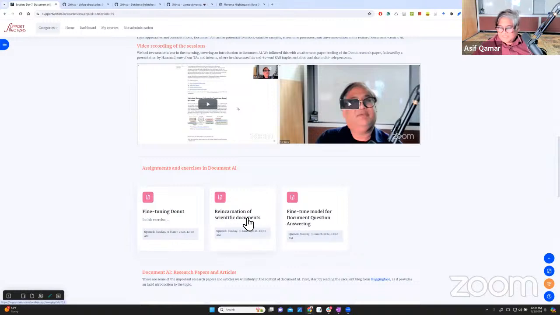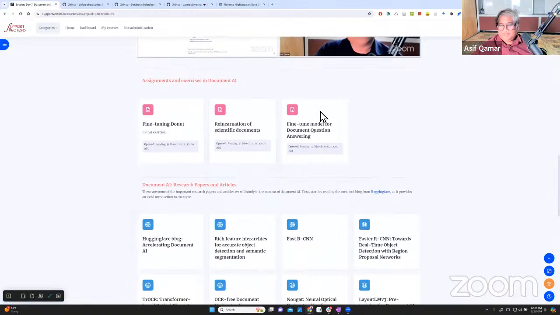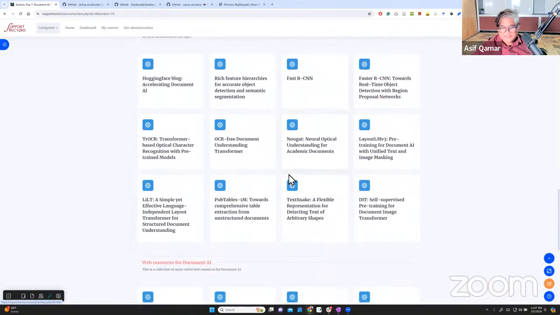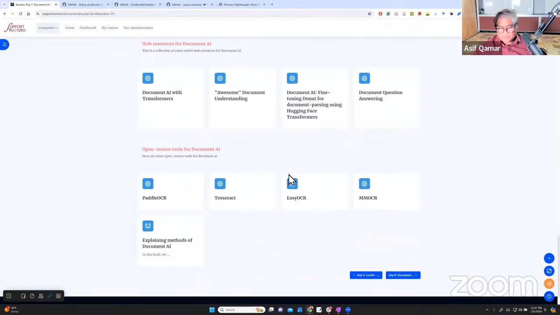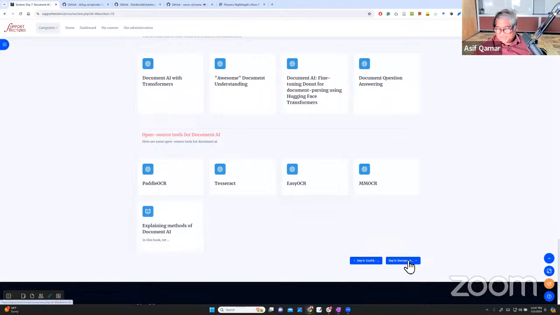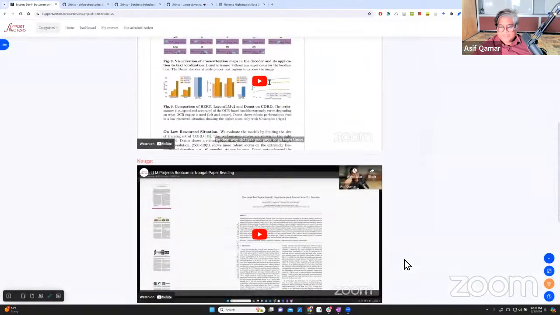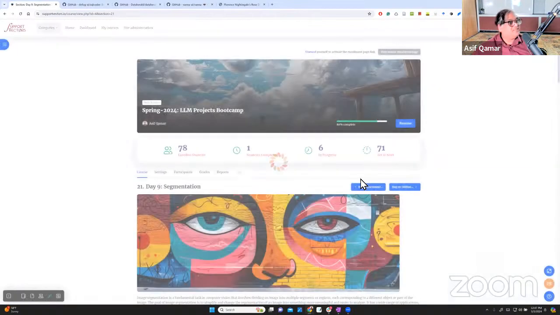Reading scientific documents, Nougat. We did some fine-tuning. Remember, we did some fine-tuning exercises. We did all of this. Then, some open source tools that you should use. We continued with a lot of this stuff, and we did segmentation.